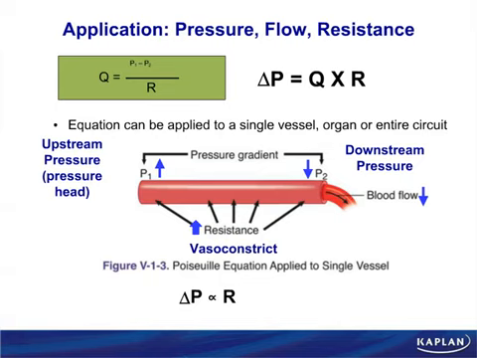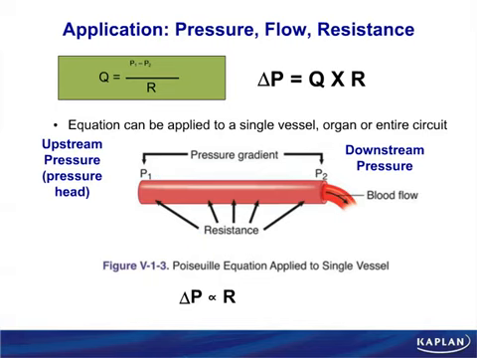So the bigger the resistance, the bigger the pressure drop. When we see a big pressure drop, we know we have a big resistance. And that's key. We don't even have to do a calculation. You see a big pressure drop, you know you have a big resistance. Big key.